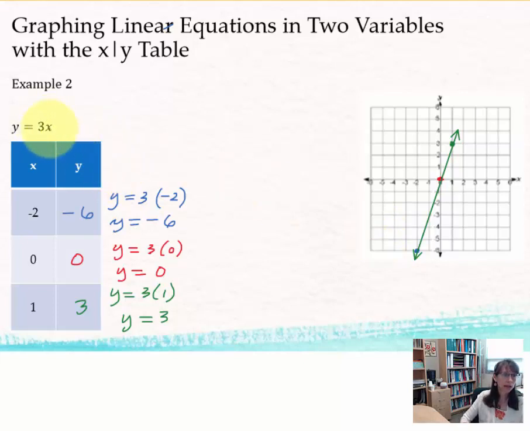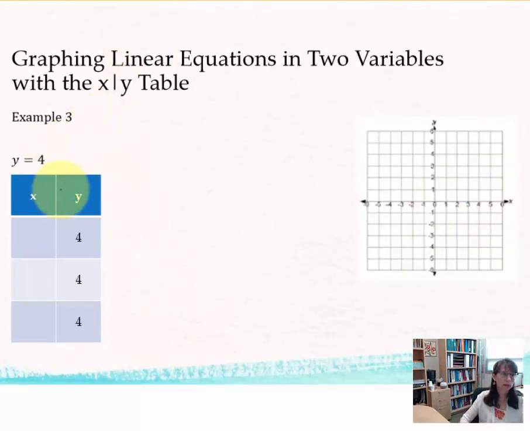So notice that if you have y equals 3x and you don't have any other constant term, remember y equals mx plus b for the slope-intercept form. B indicates the y-intercept, or where the line crosses the y-axis. So if we have no number written, that's really the same as plus 0. And sure enough, our line does go through the origin at a y value of 0.